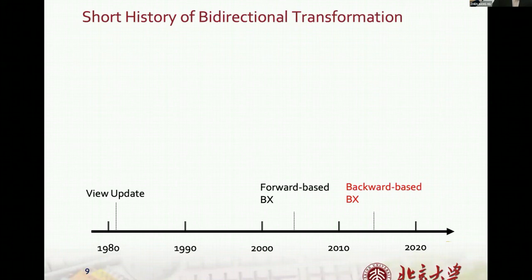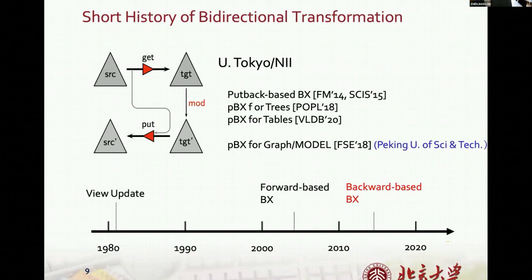This was in 2014, 2015, after 10 years. The backward-based bidirectional transformation is what our group developed. Rather than asking users to write forwards, we ask the users to write put back, the backwards. The good thing, which I will explain later, is that given one get, there may exist many puts.